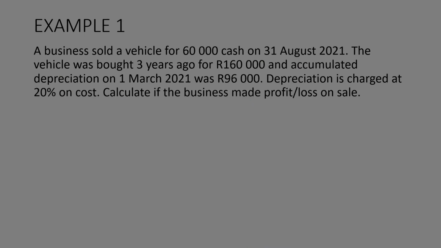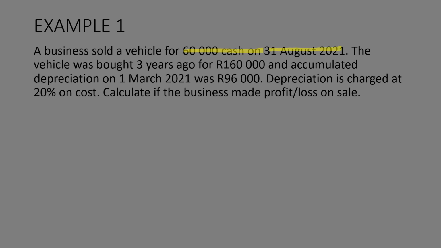Then there is an example here, right? Just a straightforward example. A business sold a vehicle for 60,000 cash on 31 August. So there was a sale of a vehicle for 60,000 cash on 31 August. Please pay attention to dates.